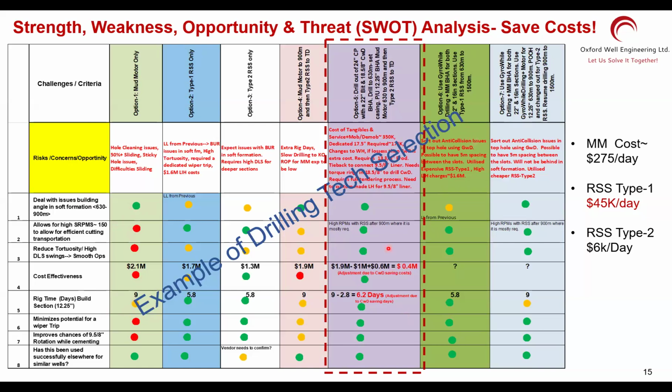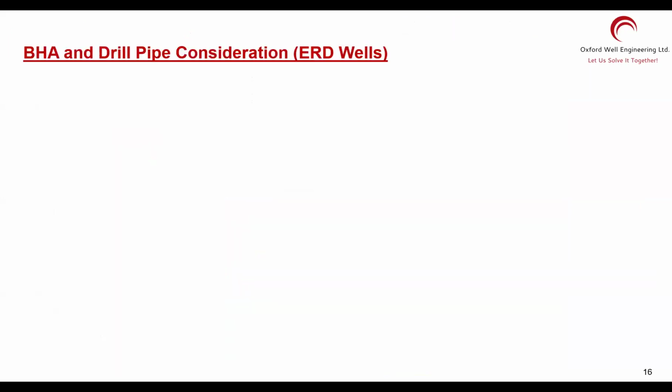Similarly, for ERDs, you can go for RSS technology selection or various technology selection, putting on your risk, what would you like it to deliver? You can have your options on the top single line, and then you can compare it with the green lights. This is called SWOT analysis, very common: strength, weakness, opportunity, and threat. So you can play with this kind of thing to get the right things selected for your ERD.